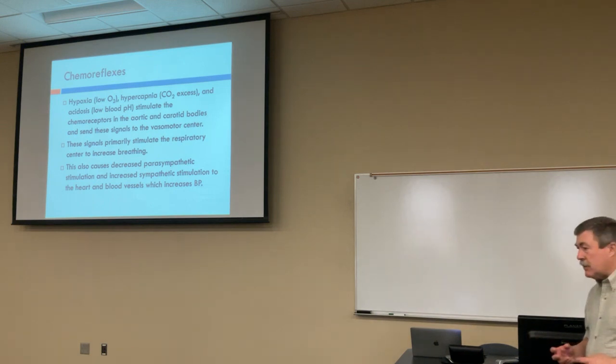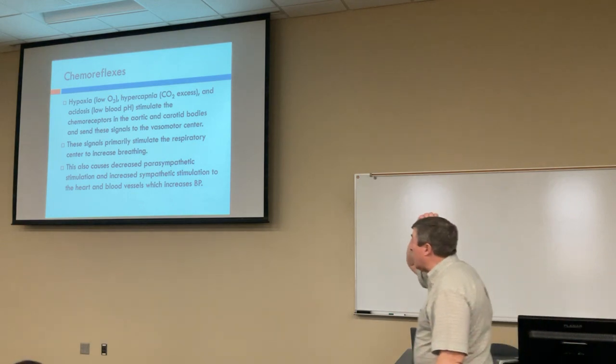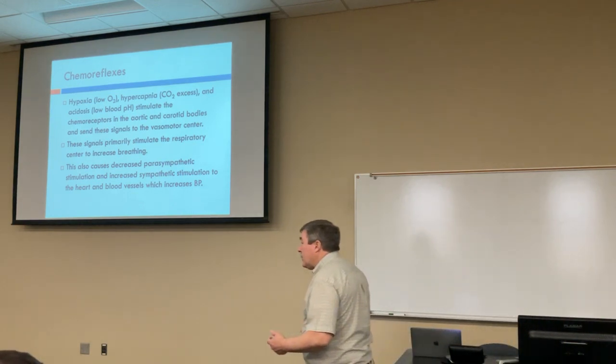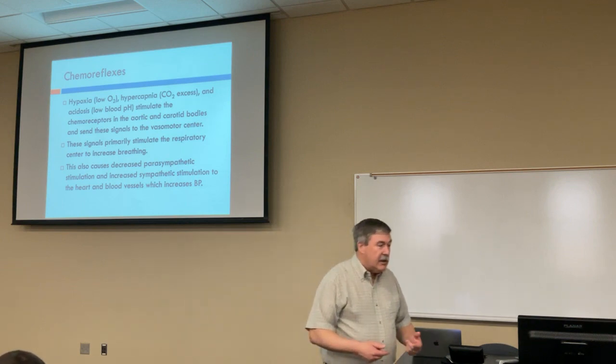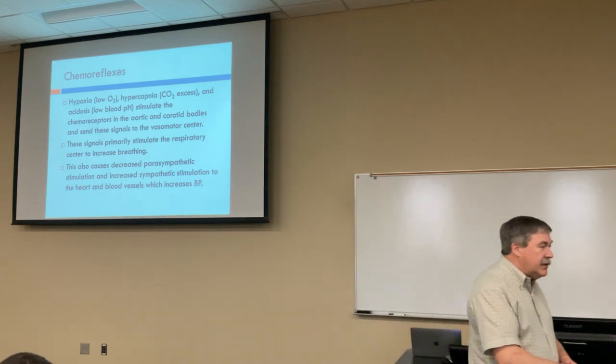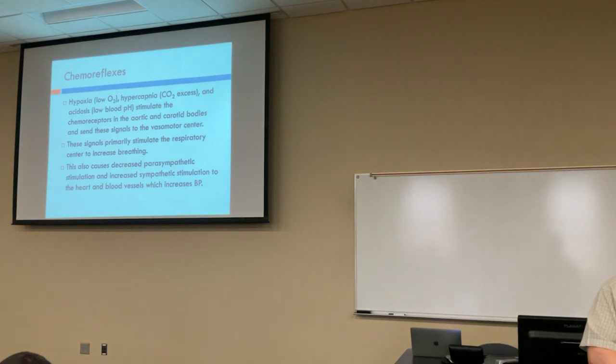The chemoreflexes can cause an increase in breathing or a decrease in breathing, but those same chemoreceptors that are involved in the chemoreceptor reflex also have inputs to the vasomotor center in the medulla oblongata, so they can also affect blood pressure. So hypoxia, extremely low oxygen levels, these chemoreceptors are in the same place as the baroreceptors, by the way. They're in the aortic arch and they're in the carotid sinuses.